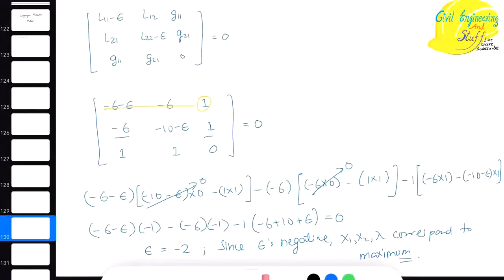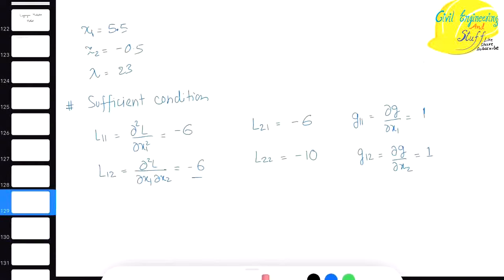Right now we have two variables. If we had more than two, like x1, x2, x3, x4, then the values of these variables come out to be more than one, so we can have multiple values. If on applying the sufficient condition we have both positive and negative values, that means we have neither maxima nor minima.